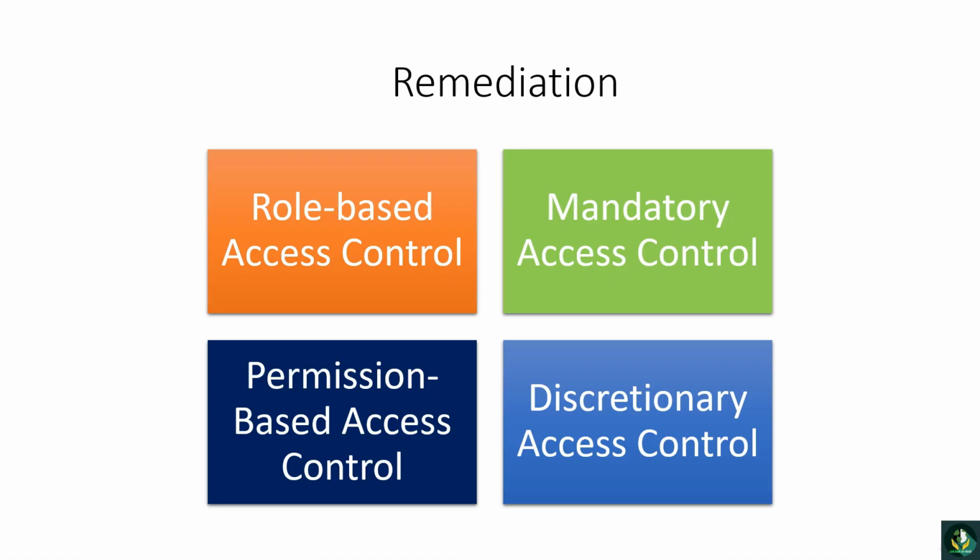These models are included but not limited to this list. Each model has its own pros and cons, but the selection of the model will depend on several factors including the application's primary purpose, level of security required, and design.